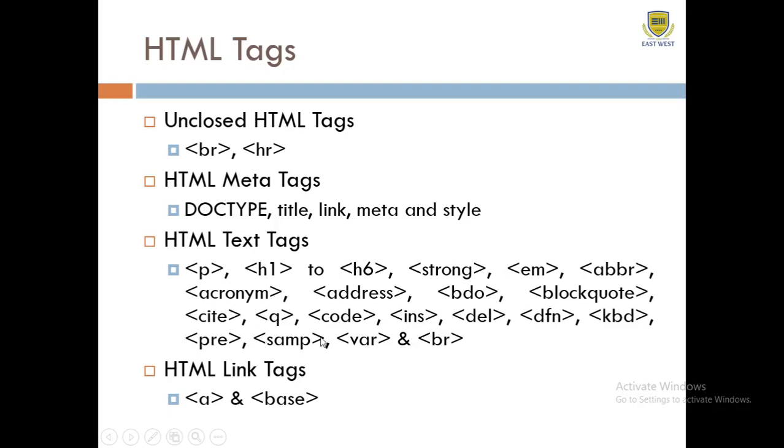No need to worry, I will describe each of these text tags as we move further with various examples. The next set of tags are HTML link tags. Link tags are used to link from one page to another page. The basic types of link tags are A and base.